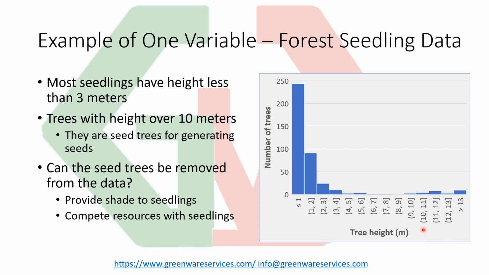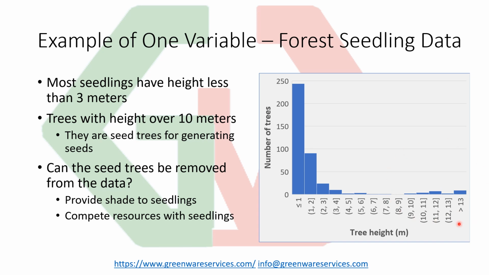In fact, those old trees were left in the field on purpose during the harvest to generate new seeds, so they're called seed trees. Since they are true values, can we still exclude them in our analysis?